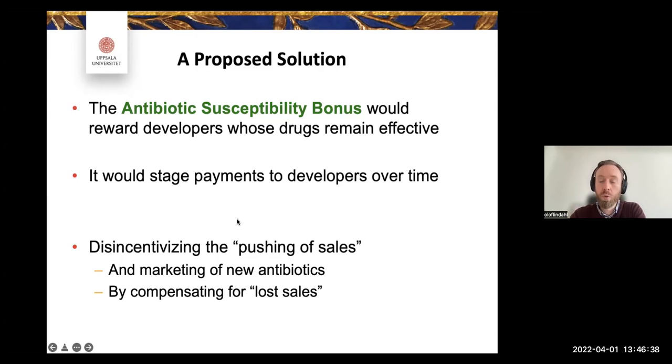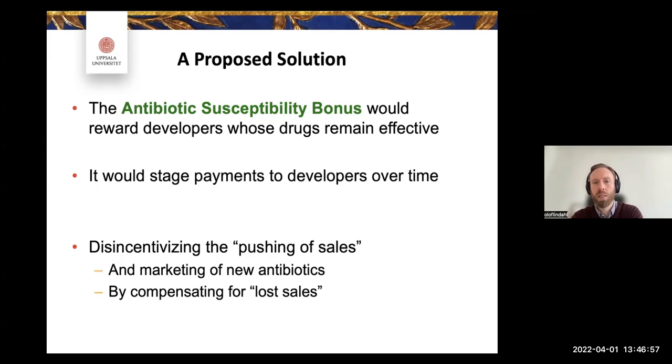This is a bonus that would stage over time, because of course it's a long-term issue, and the idea is to disincentivize the pushing of sales, and the bonus then essentially compensates for lost sales. So we don't want this panic selling by companies that think they're going to go bankrupt.